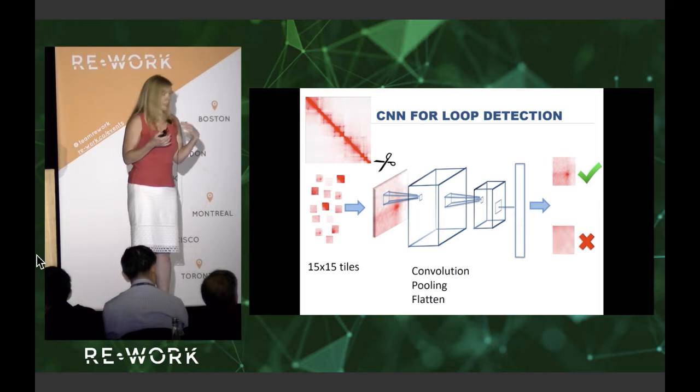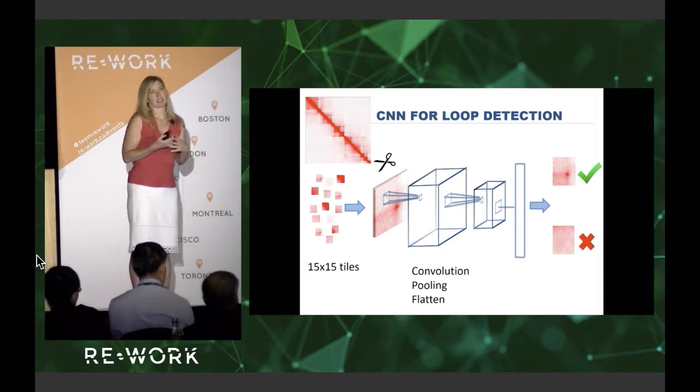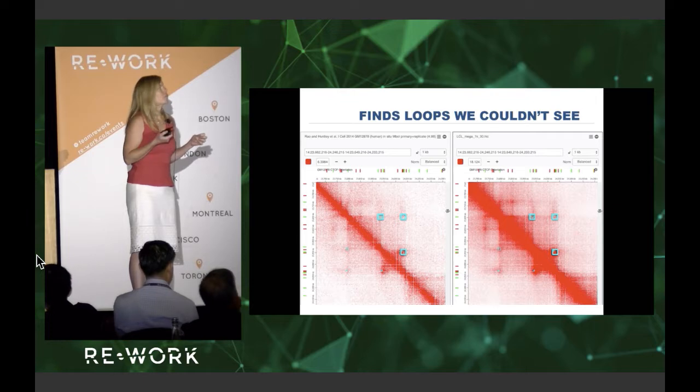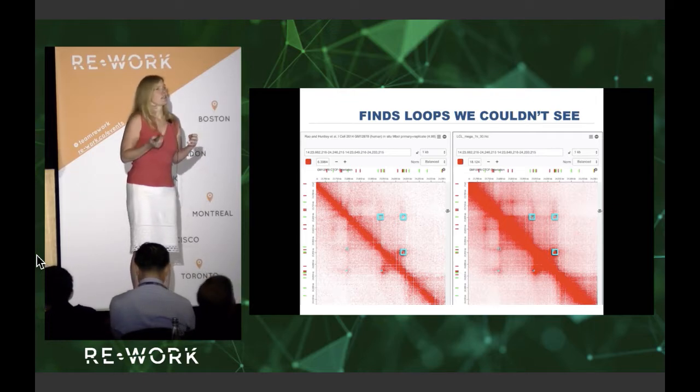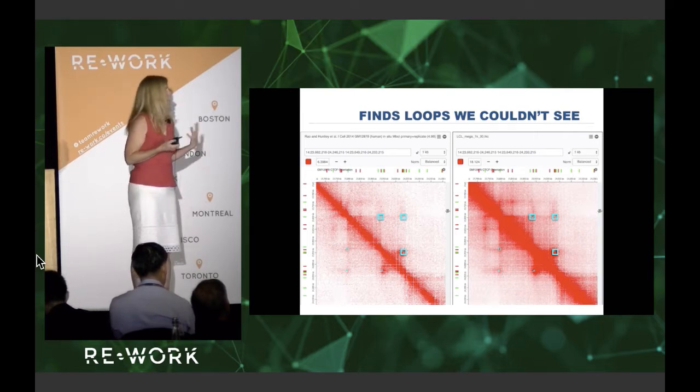We do a couple of layers of that, and then we get an answer as to whether or not we think that there's a loop there. So our preliminary results are good. The thing that's most interesting to me is that we're able to find things that maybe we couldn't see before with our other algorithm, and even in the data itself, as a human.